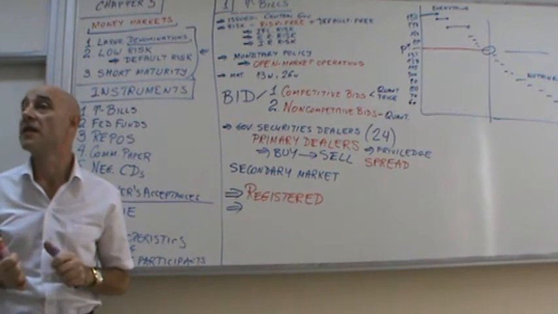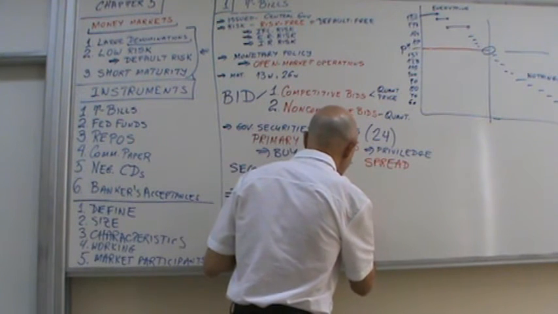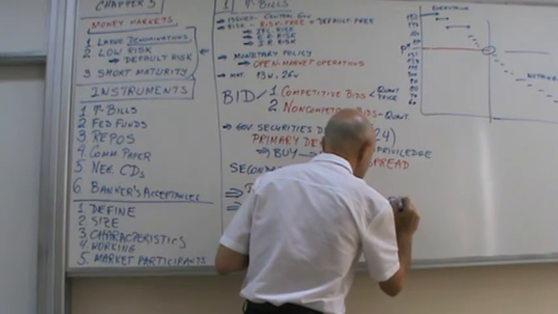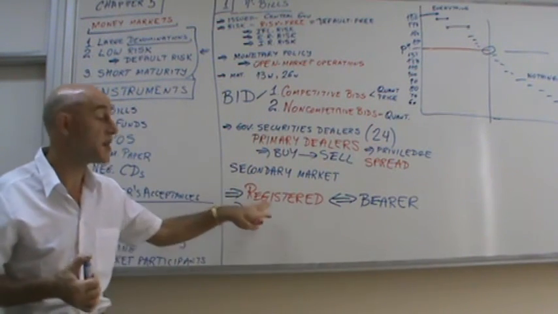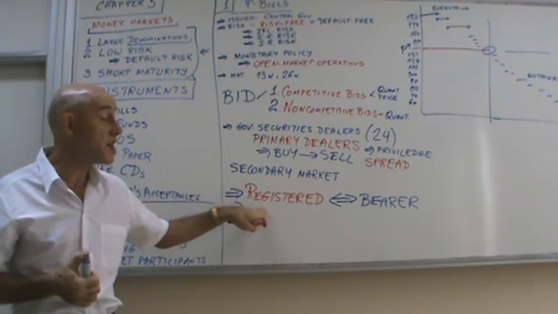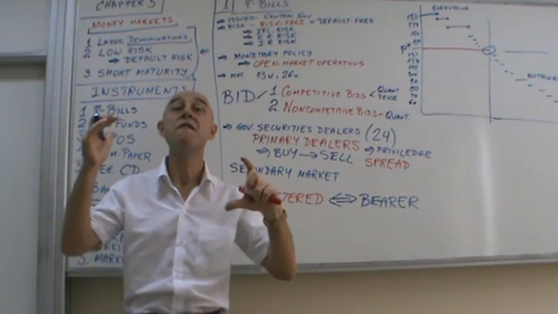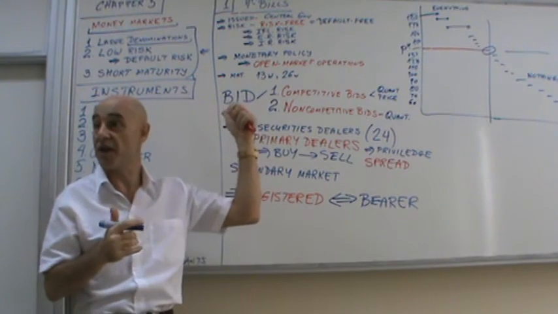Now, the alternative to registered is called bearer. This is a registered instrument. Registered means that there is no physical certificate of the financial instrument.